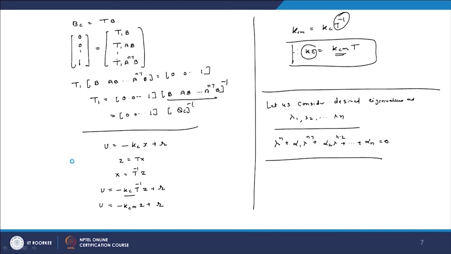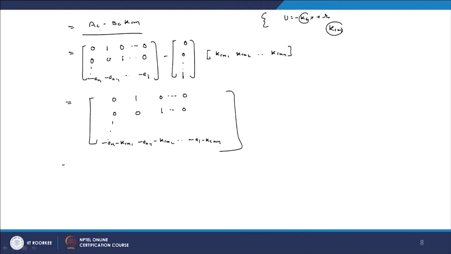So here we will find that this is our desired characteristic equation, and this particular equation we have got after transformation.